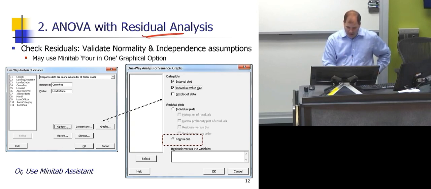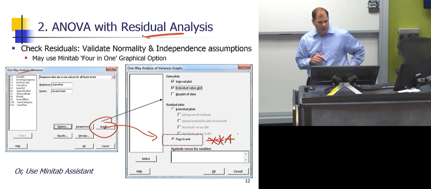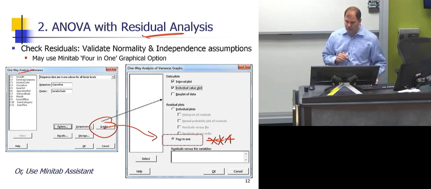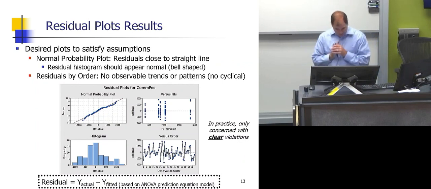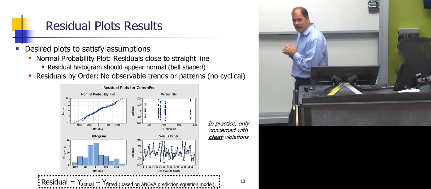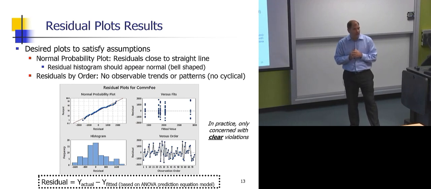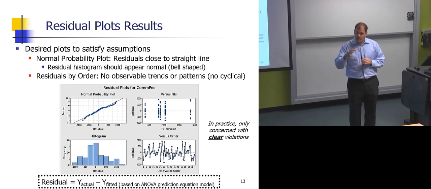Under the graphs for one-way ANOVA, Minitab has this tool called a 4-in-1 plot. It's a classic way to look at residuals. If we do that, we get the following 4 graphs. By the way, to refresh your memory on what a residual is, you run data, you fit a model.